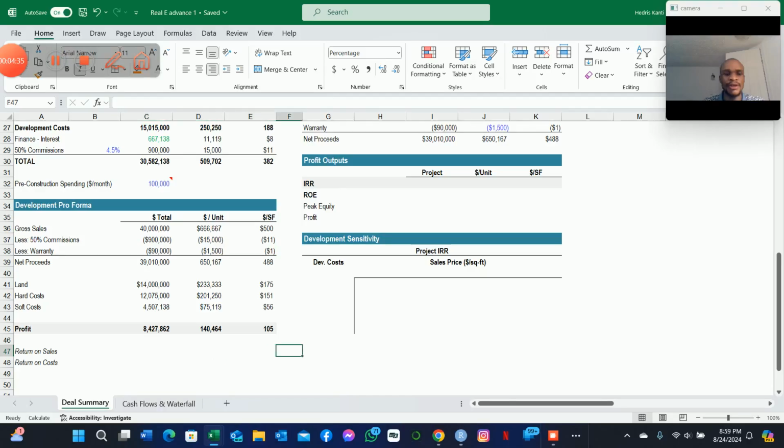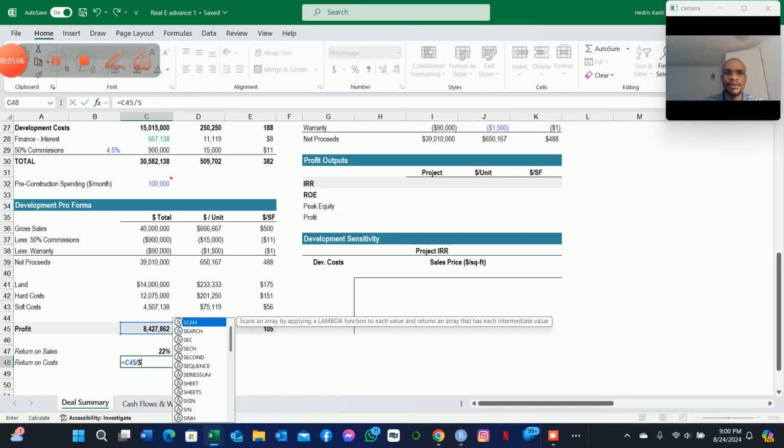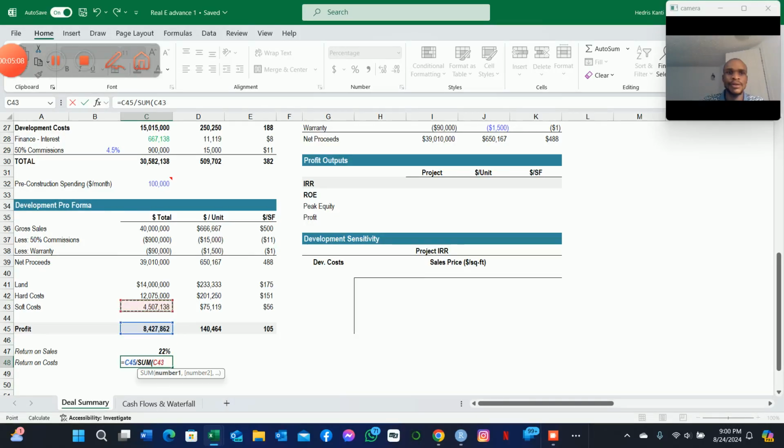So the returns on sales is going to be based on, we take the proportion of profit to the net proceeds. We have that amount there, and the returns on cost is going to be based on the profit, percentage of the profits to the total cost.